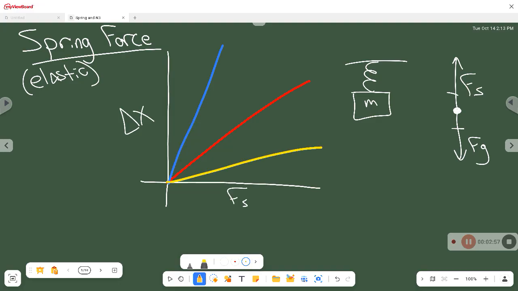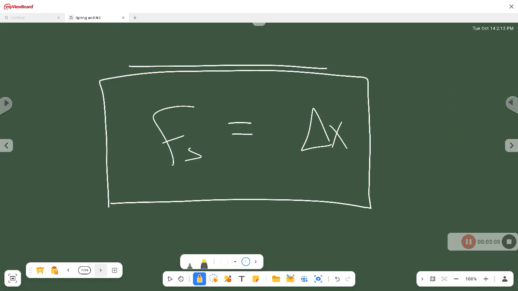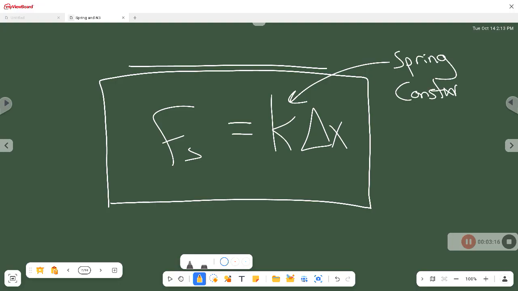So, just like we did with the force of friction equation, we need to add an additional part to this equation to account for those different slopes. A coefficient that we're going to put in front of delta x that we are going to call spring constant. Spring constant is essentially a measure of how much force is required to stretch the spring.